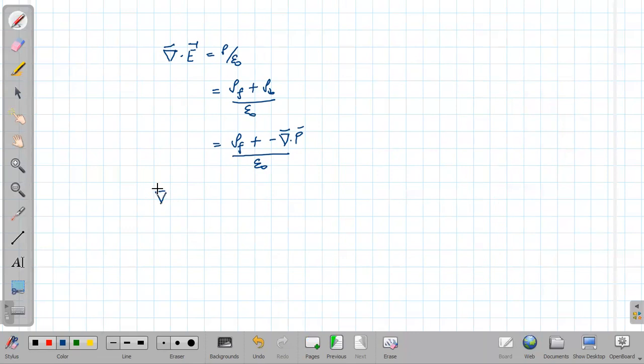If you rearrange it, we get del dot of epsilon 0 E plus P equals rho F. Now this epsilon 0 E plus P is called the electric displacement D. So we get the equation del dot D equals rho F. This expression is already familiar to us. We derived it when discussing electrostatics in matter, so there is not much difference. We are getting the same equation, del dot D equals rho F.